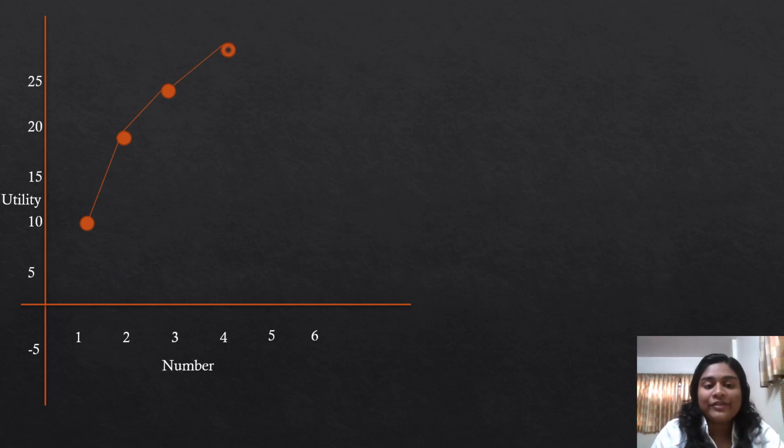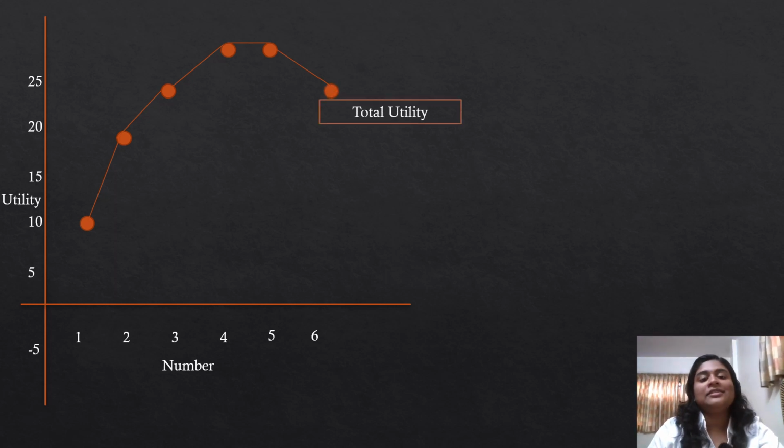After the fifth cake, there was no change in the total utility, so it remains the same at 27. And if we have the sixth cake, our total utility will fall down to 24.